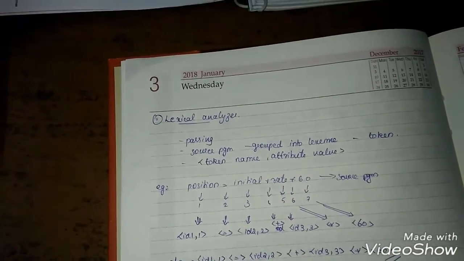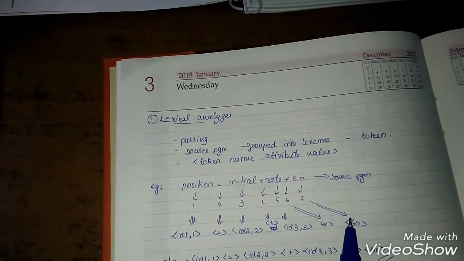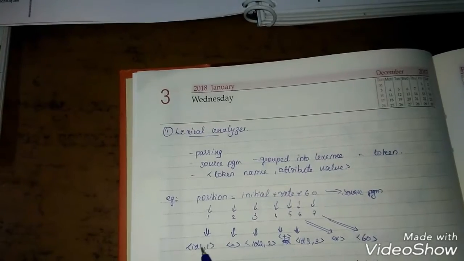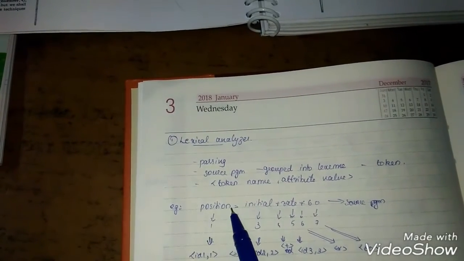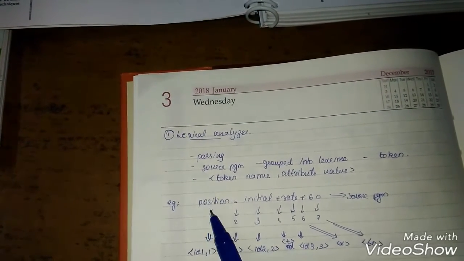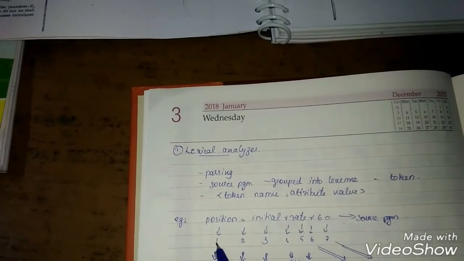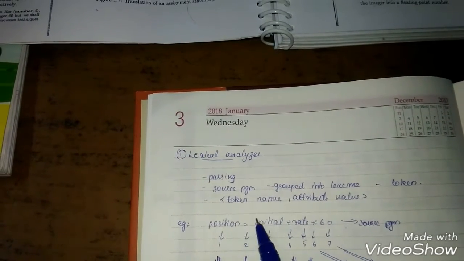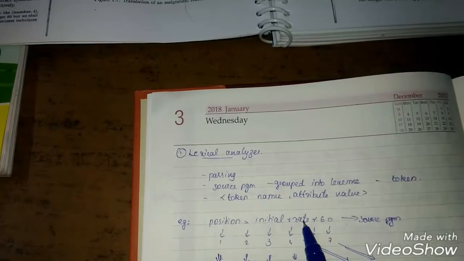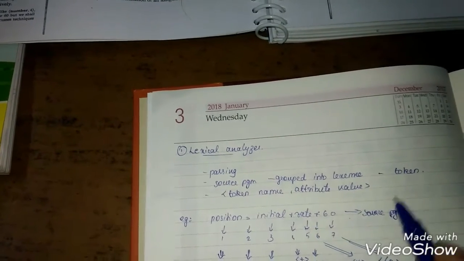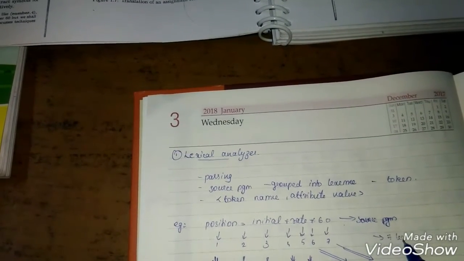Let us group this into groups of characters called lexemes. Since position is one group of characters, we call that the first lexeme, and equal to is the second lexeme, and so on. Therefore we have 1, 2, 3, 4, 5, 6 and 7 lexemes in total.